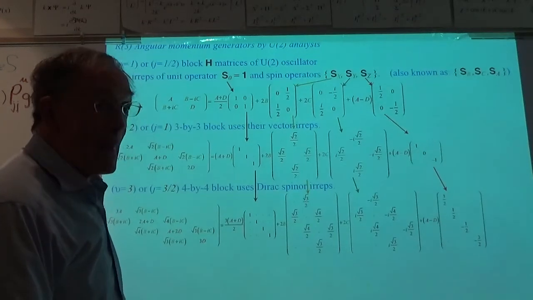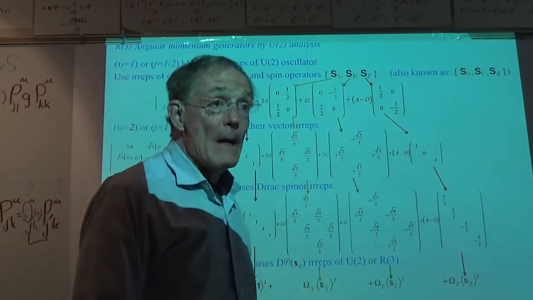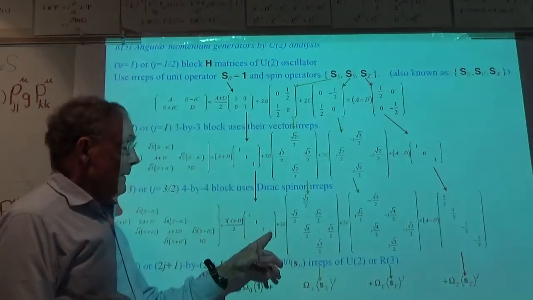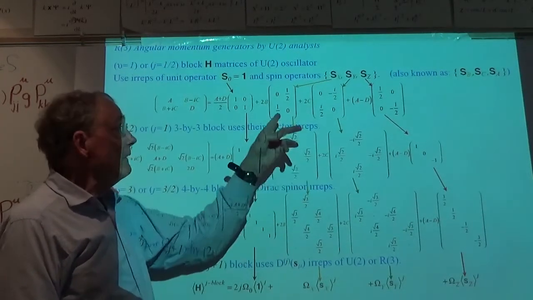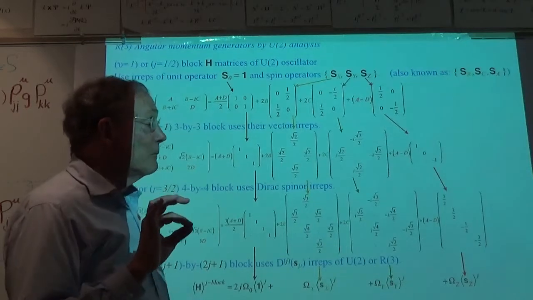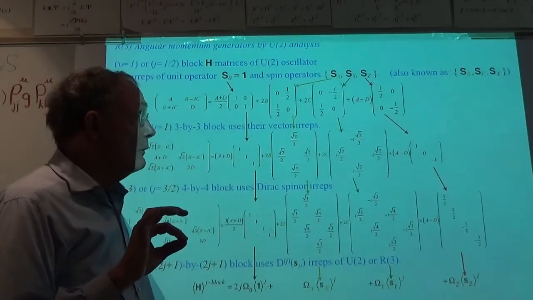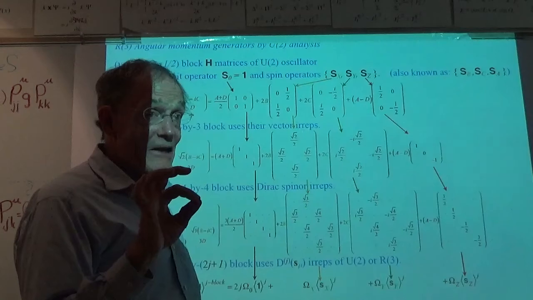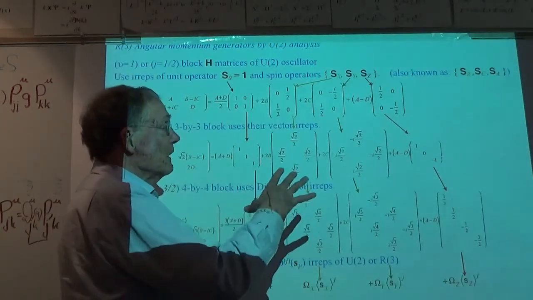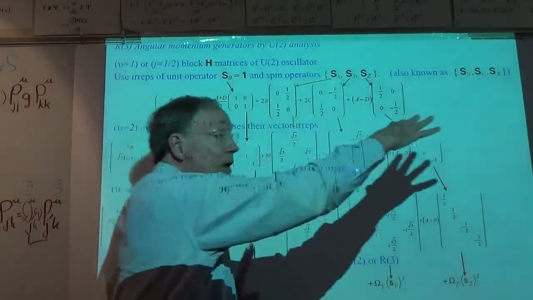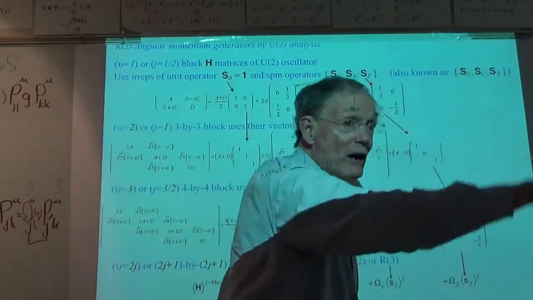Sorry, can we name these 4x4 or 3x3 U2 or R3? Well, their block is, yeah? They belong. Yeah, each block is part of the giant matrix we started with, which goes forever.